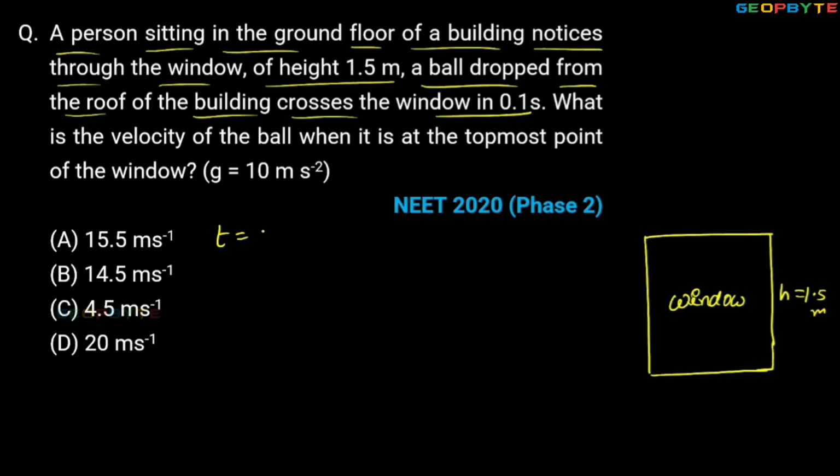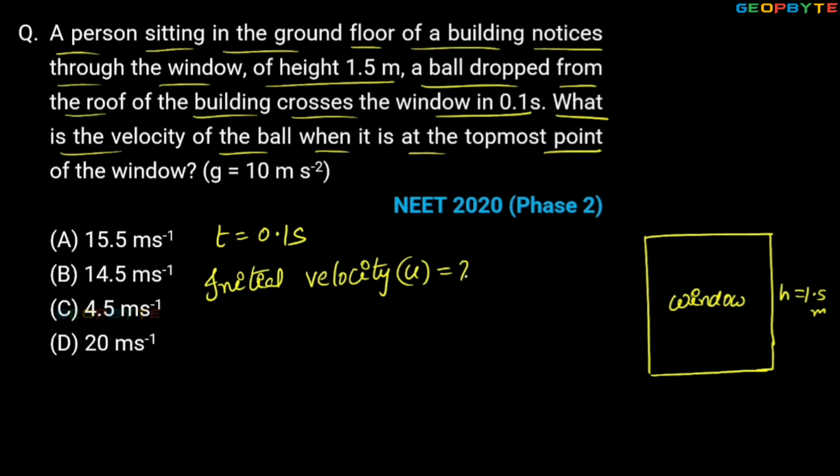Time required to cross the window is 0.1 second. What is the velocity of the ball when it is at the topmost point? Means initial velocity u equals how much? It is dropping with a velocity u.